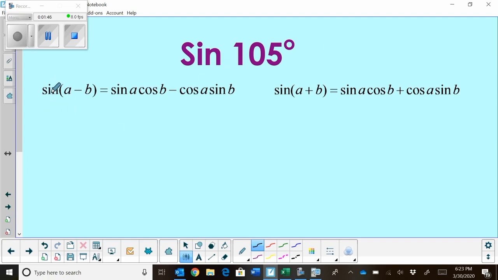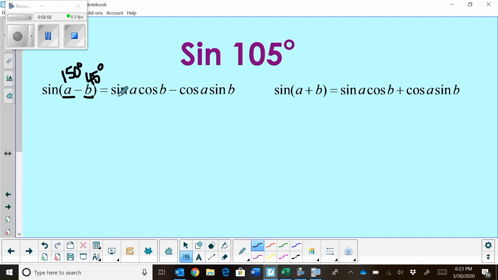So for sine, if we take sine of 150 minus 45, the A angle would then be 150, and the B value would be 45 degrees.